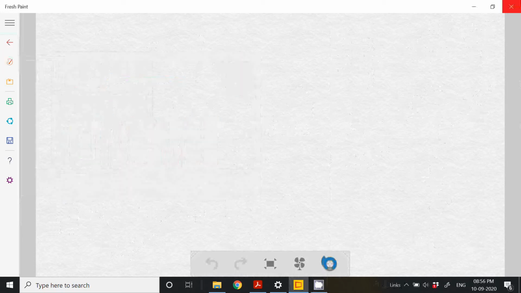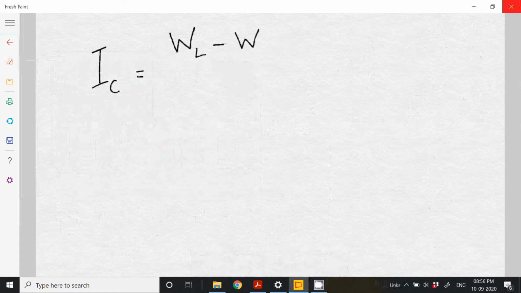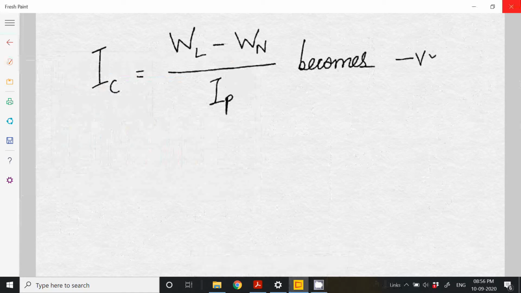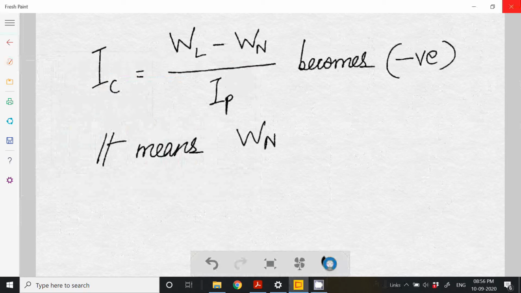Then another thing is there. Sometimes IC, this is equal to WL minus WN by IP, becomes negative. Okay, that means what? It means Wn is greater than Wl.